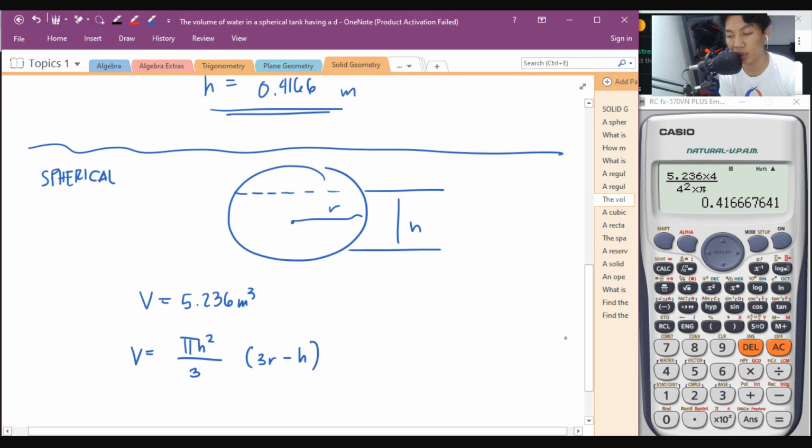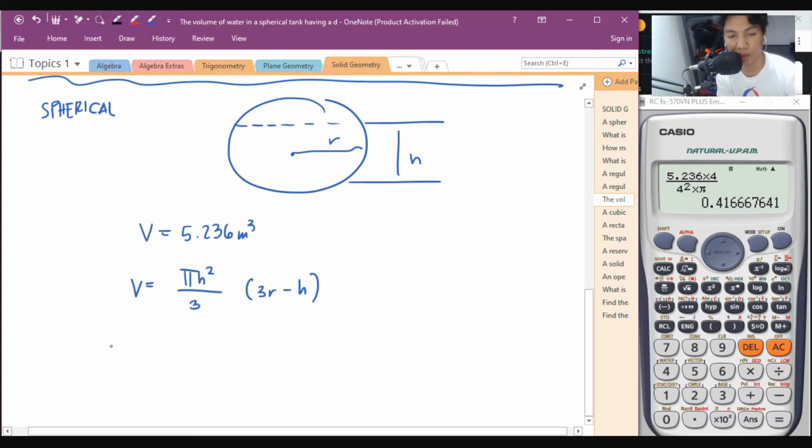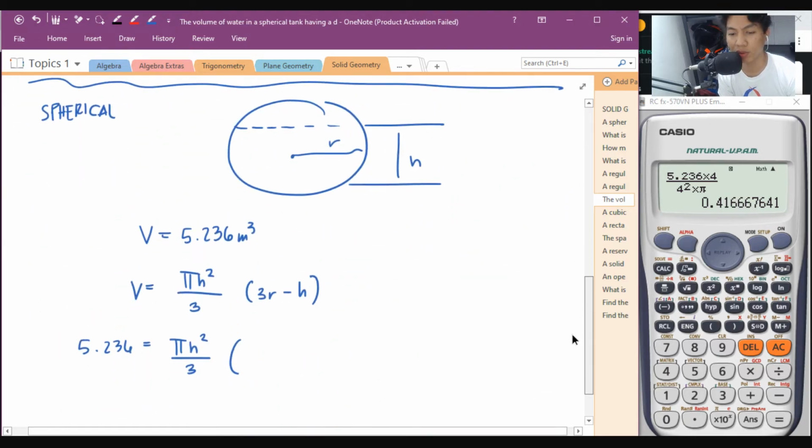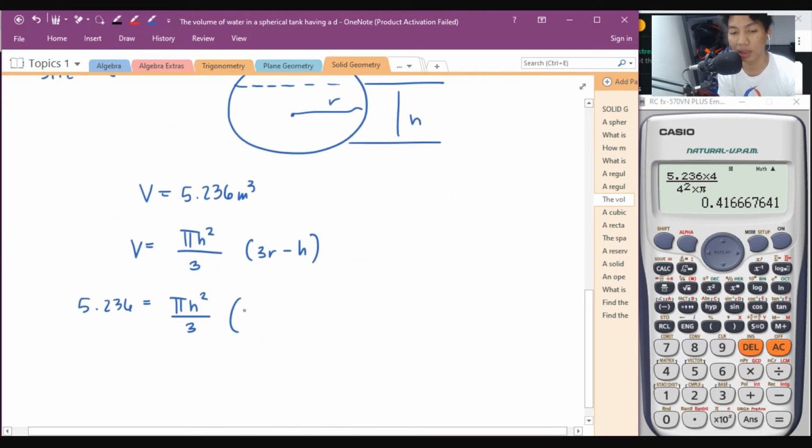Let's find h. We have a volume of 5.236 equal to pi times h squared over 3 multiplied to 3 times r. The r, given as diameter, is 4 meters, so half of that. That is 3 times 2, that is 6 minus h.